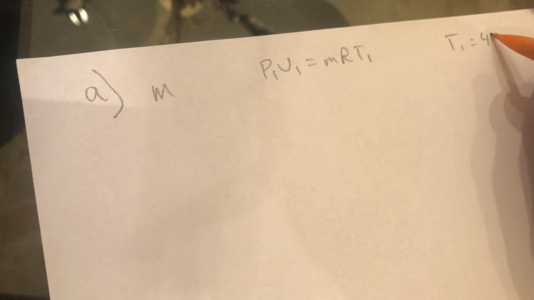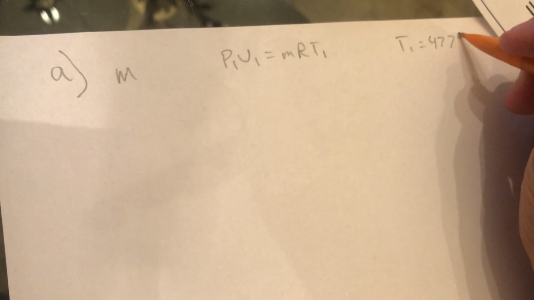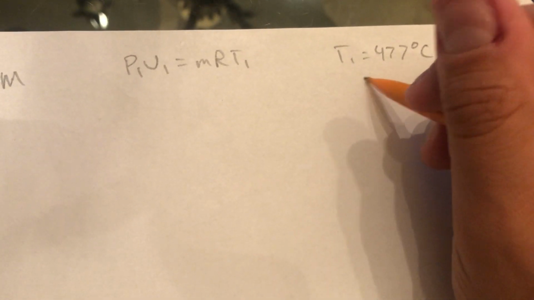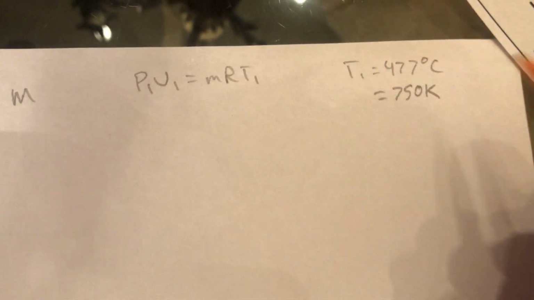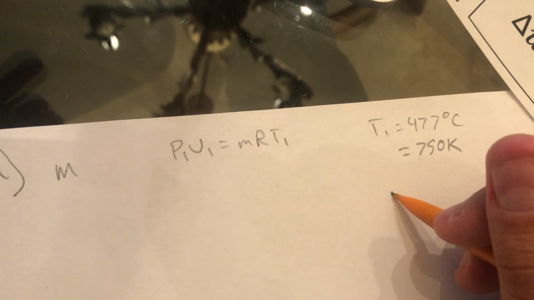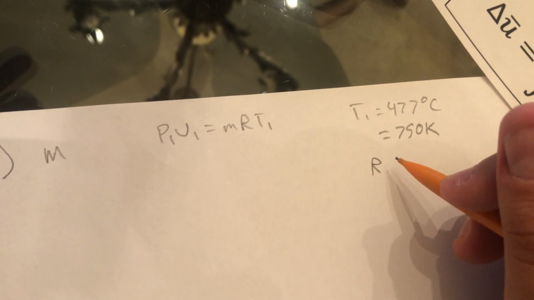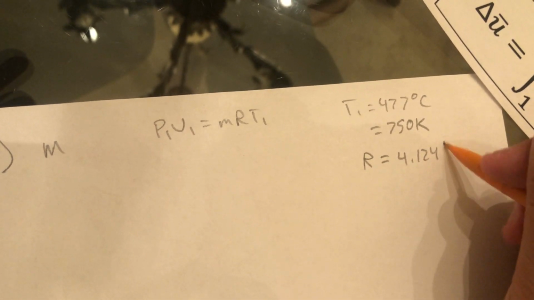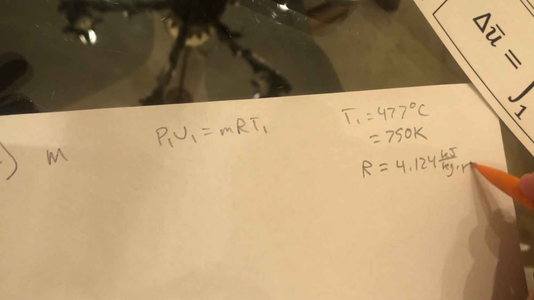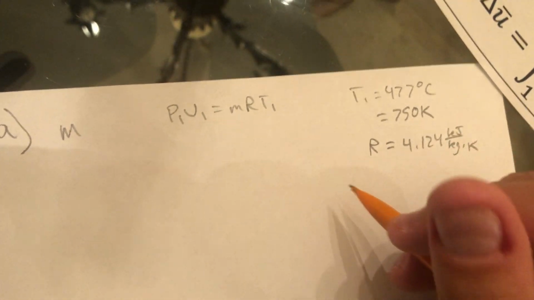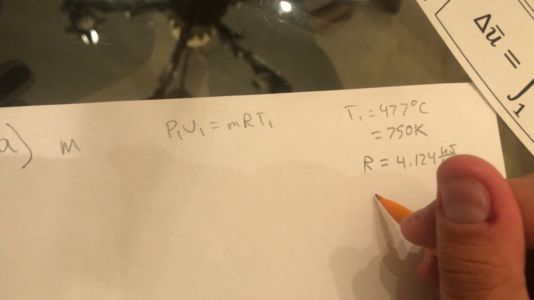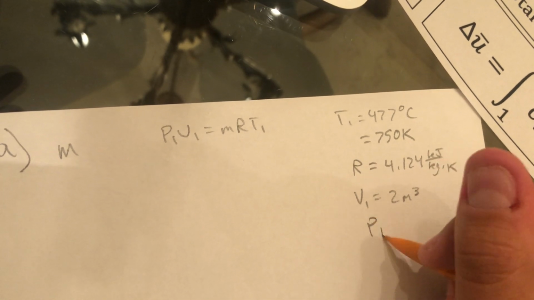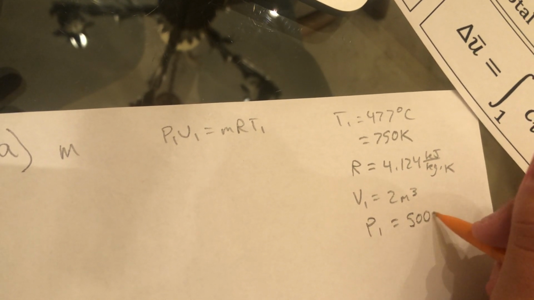T1 is equal to 477 degrees Celsius, and that's equal to 750 Kelvin. R is given in table A2A, and it is equal to 4.124 kilojoules over kilogram times Kelvin. V1 is equal to 2 meters cubed, and P1 is equal to 500 kilopascal.